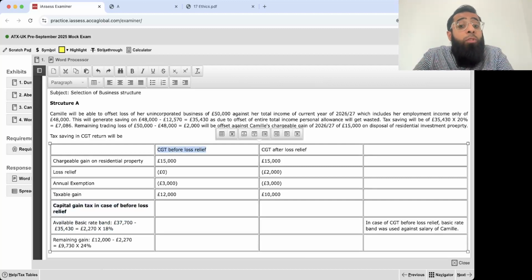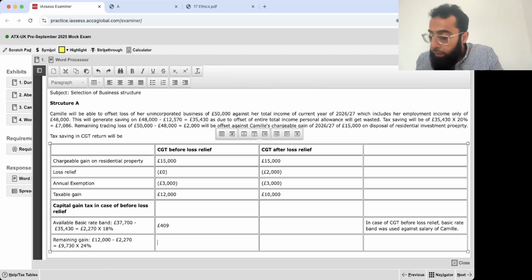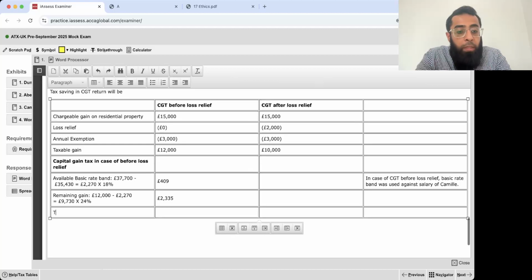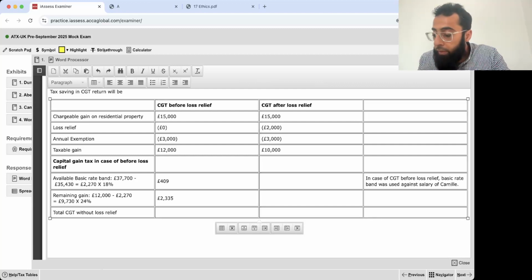So 2,270 into 18% is 409 pounds, and 9,730 into 24%, the higher rate of CGT, is 2,335 pounds. So the total without loss relief is 409 plus 2,335, which is 2,744.